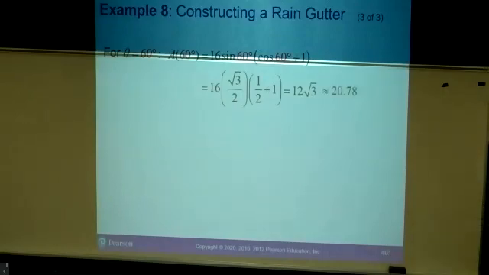Punching that into the calculator, you get approximately 20.78 square inches, which would give you the most volume of those 3 angles.